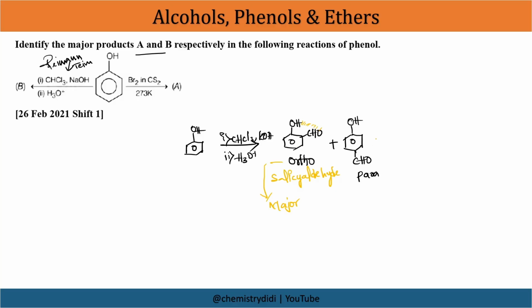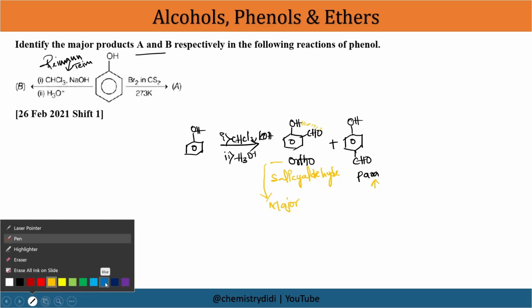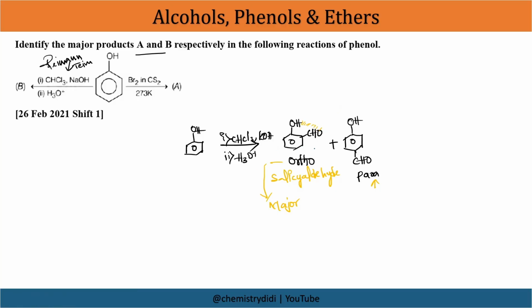Generally para products will be major rather than ortho because of less steric hindrance in para. But in this case, there is the possibility of hydrogen bonding, and because of that reason ortho is major. So here this option is right. So this is our product B.